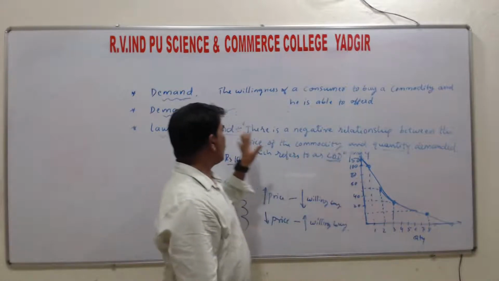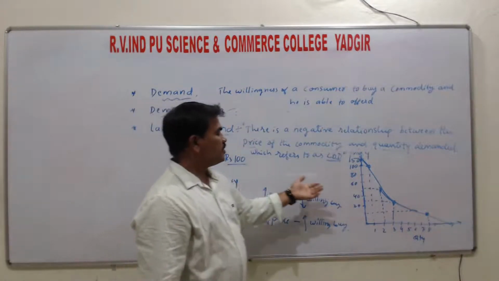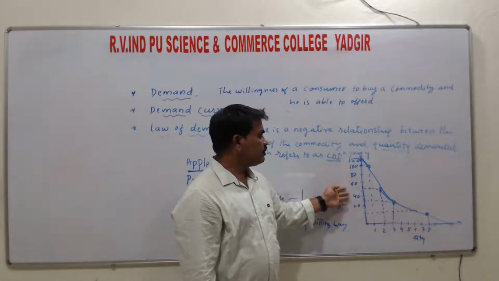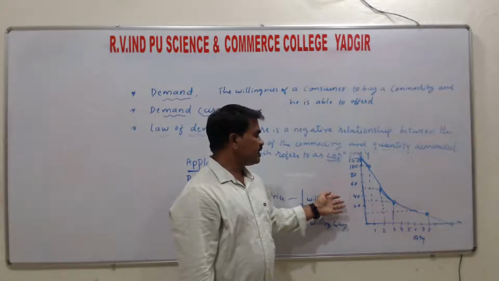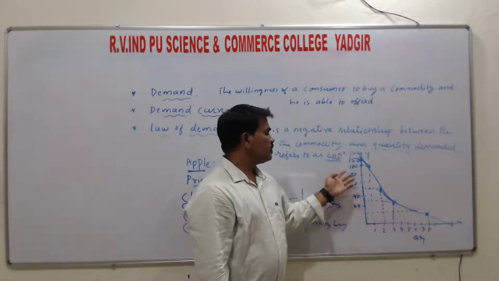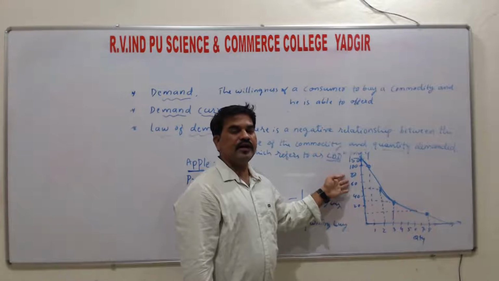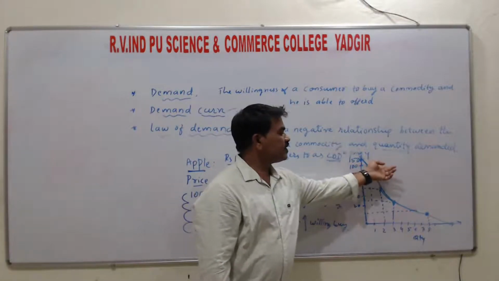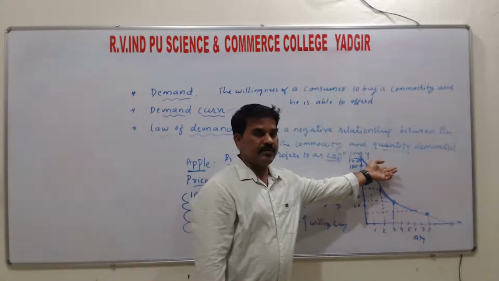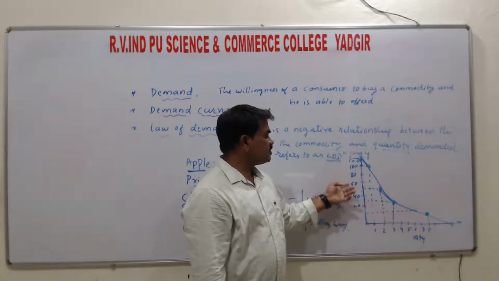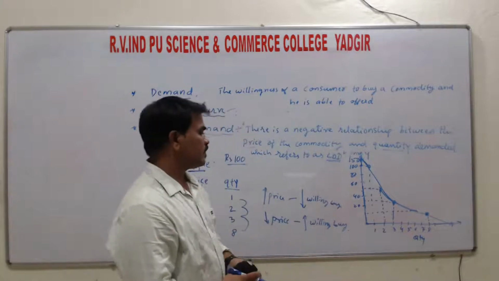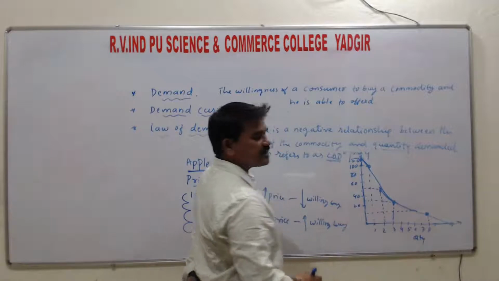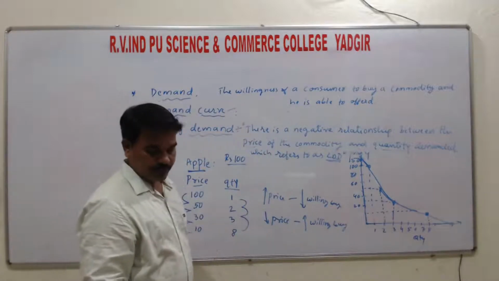Here, what is the willingness of the consumer at different prices of the commodity, whether he wants to buy more or less, and we keep the commodity the same. What is his willingness when there is a different price? If we put that in a graphical way, this curve, we say that is the demand curve.